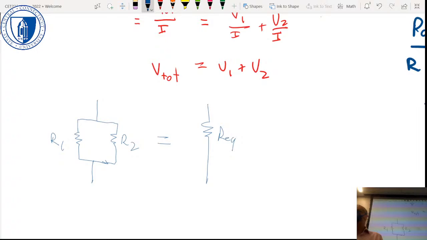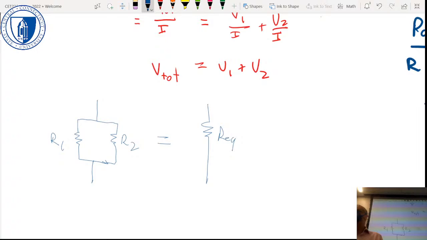The difference, though, is this, right, I. Right, this is, I'm going to call it Ieq. The difference is that Ieq is I1 plus I2.